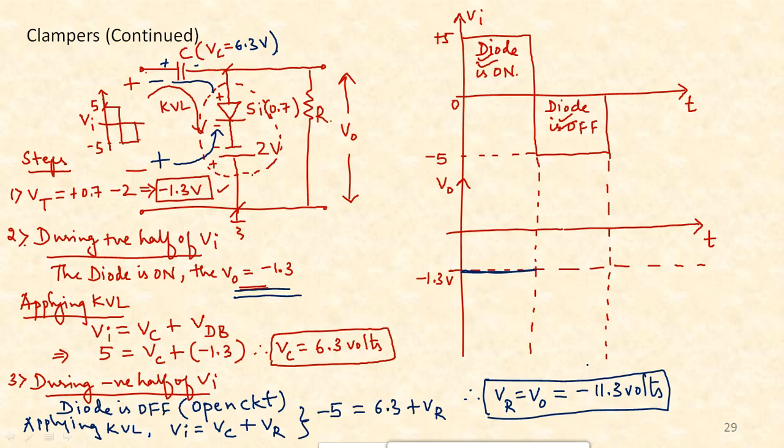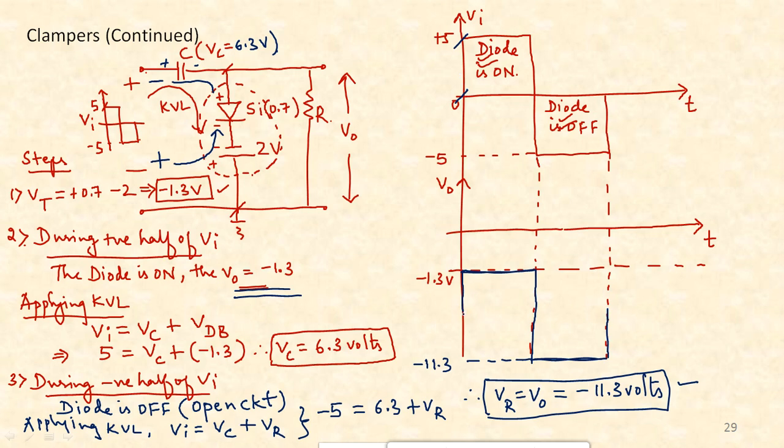During the negative half cycle, Vr equals V naught equals minus 11.3 volts. So let me just draw a line here and join it. This voltage level will be minus 11.3 volts. Then I'll have to extend it, because the input increases from 0 to 5 instantaneously, the output should also increase in the same way.